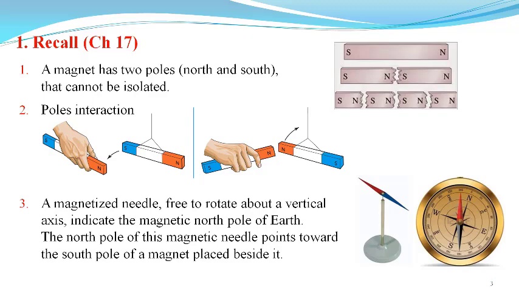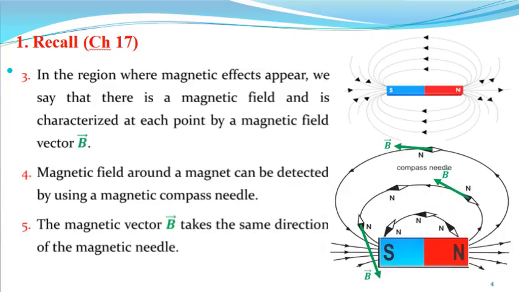The north pole of this magnetic needle points toward the south pole of a magnet placed beside it. In the region where magnetic effects appear, we say that there is a magnetic field, and it is characterized at each point by a magnetic field vector B.